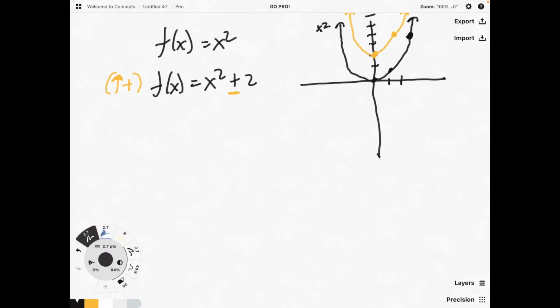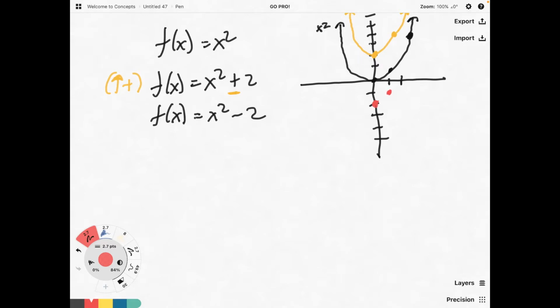If we wanted to go in the negative direction, then all we would need to do is subtract that 2. If we subtract that 2, then we're going to go down into the negatives, and we can do the same thing. Initially, if we plug in 0, then we're going to get negative 2 as our first point. Then we put in 1, and we're going to get 1 squared, which is 1, minus 2 is negative 1. So that's going to go right there.